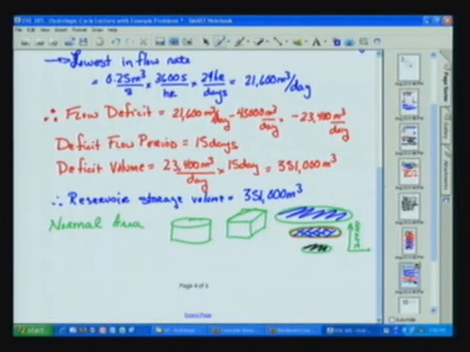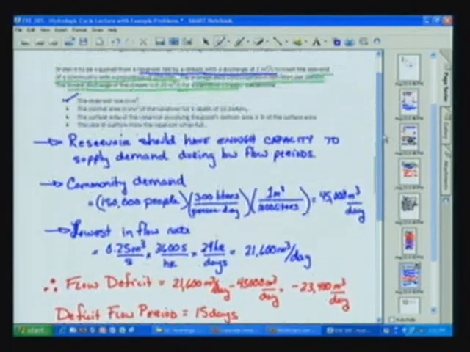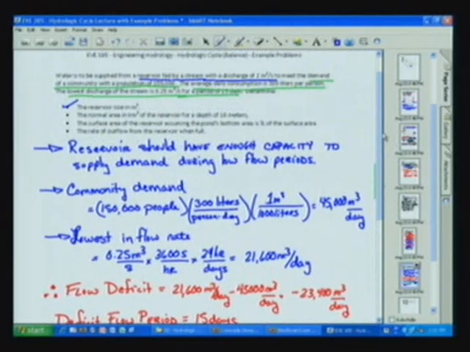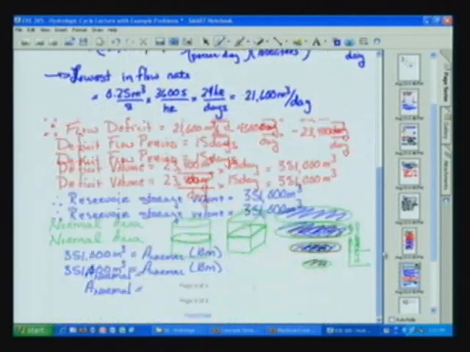So if we have 351,000 cubic meters equal to this area normal multiplied by the 10-meter depth, that means our area normal is going to be, oh, I think it asks for it in a different set of units. Yep, you want to find that in kilometers squared.